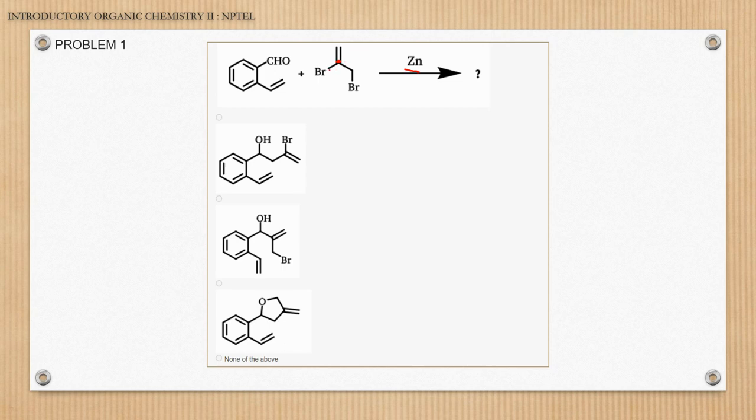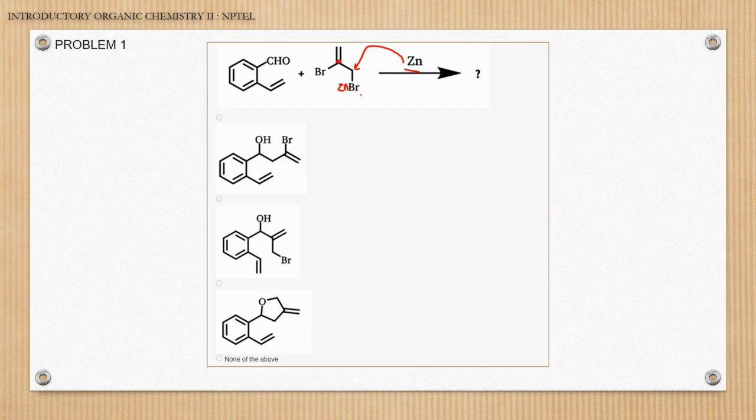The sp2 C-Br bond has a shorter bond length and is the stronger bond. That is why zinc prefers to insert into this bond rather than the sp2 hybridized C-Br bond.